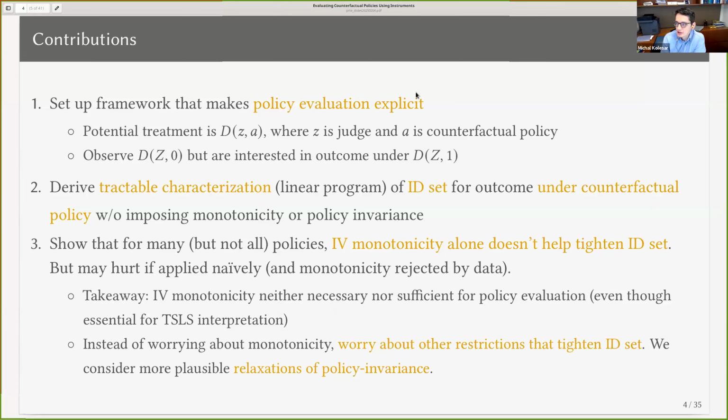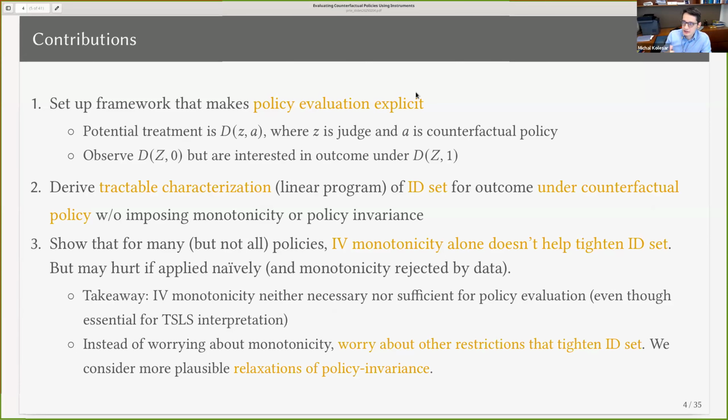The first one is a fairly simple thing, which is that we set up a framework that makes this policy evaluation explicit. So we're going to think of the policy as essentially another instrumental variable. It's just that in the data that we have, its distribution is degenerate. I never see the policy. But you could imagine a data set where I did observe the policy variation.